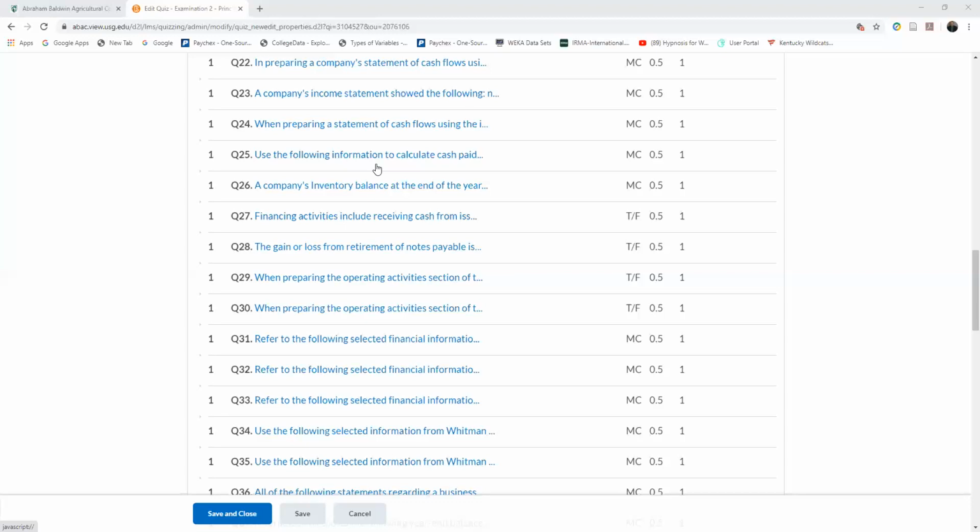By the same token, when they think about investing, they're thinking mostly about the purchase or sale of long-term plant assets. So for instance, land or a building, those kinds of things. So if I buy a building or if I buy a new automobile, that represents a use of cash. Cash is going out. If I sell it, that represents a source of cash.